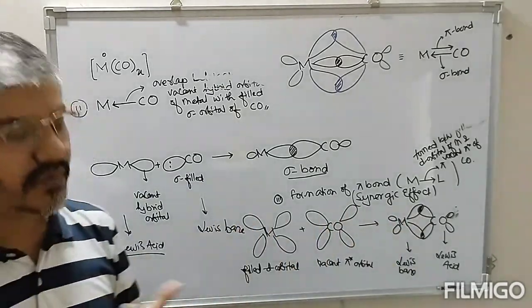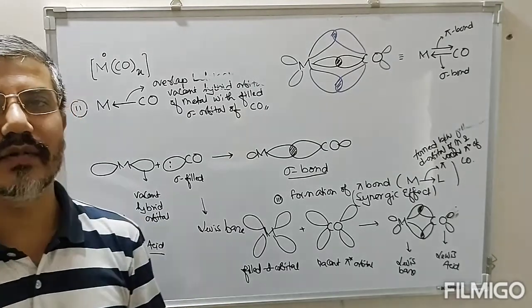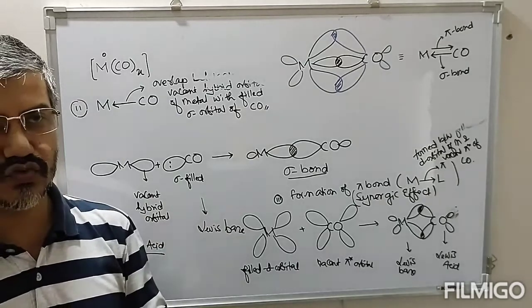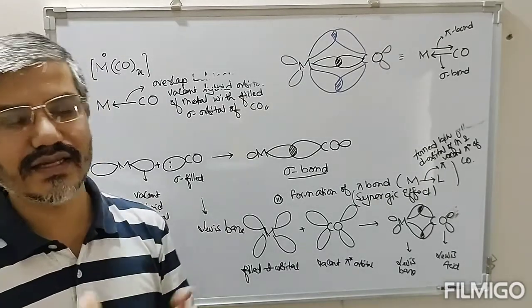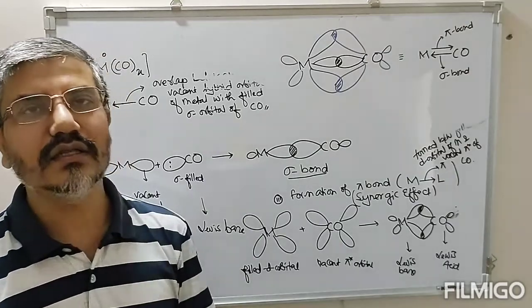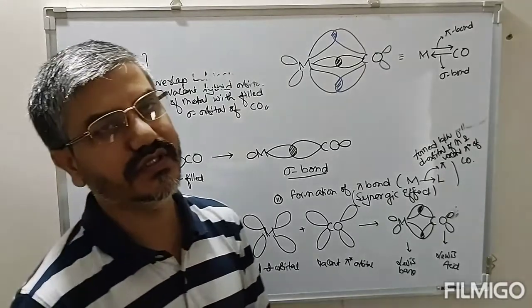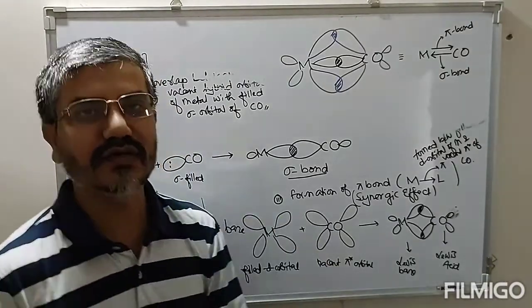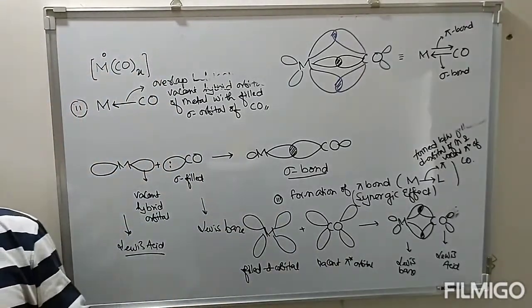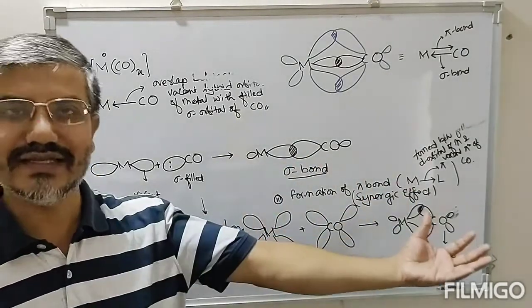There are some complexes in which the metal carbonyl carries a negative charge. When the metal carbonyl carries a negative charge, the metal exists in a negative oxidation state. As the metal exists in a negative oxidation state, the electron density on the metal is very high. As the electron density is high, the back donation tendency will increase.